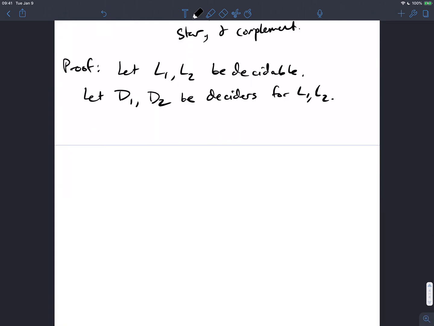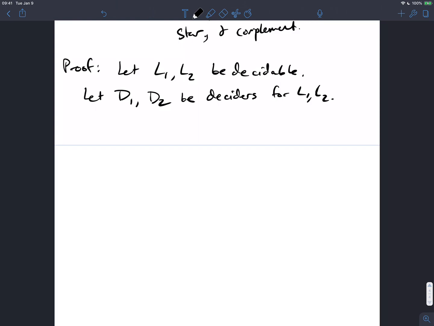So that's the idea. We run it through D1. If D1 says accept on that input, what should we say for the union? Is it in the union? If D1 says yes, it's in my language, is it in the union? Yeah, because if it's in one, it's in the union. If it says no, it's not in my language, what do we do?